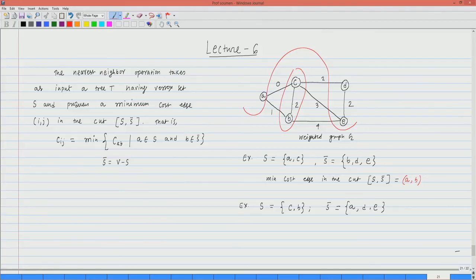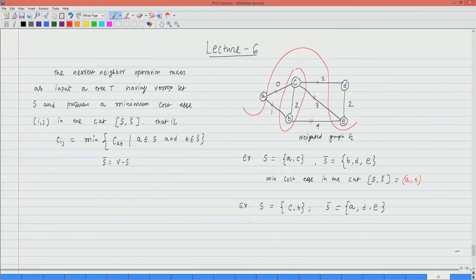So, the cut consists of these edges, this edge, this edge, this edge, this edge and this edge.